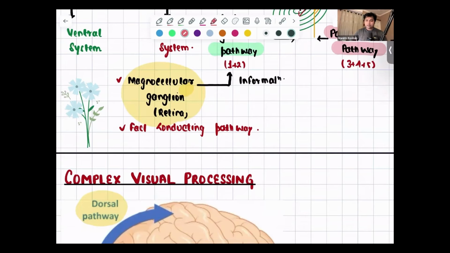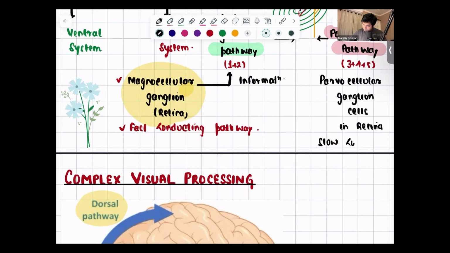The input is from the parvocellular ganglion cells in the retina, and it is a slow conducting pathway. Remember this. Parvocellular ganglion cells give the input.